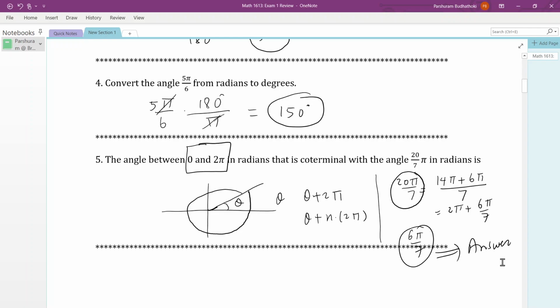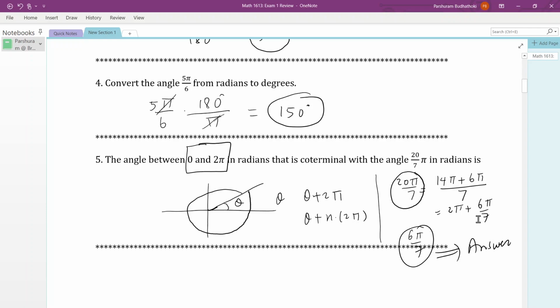And to find the coterminal angle from the given angle, what you can do is keep subtracting 2 pi until that angle becomes less than 2 pi. So from here, if you subtract 2 pi, then the first angle you are going to get is 6 pi over 7, which is less than 2 pi.